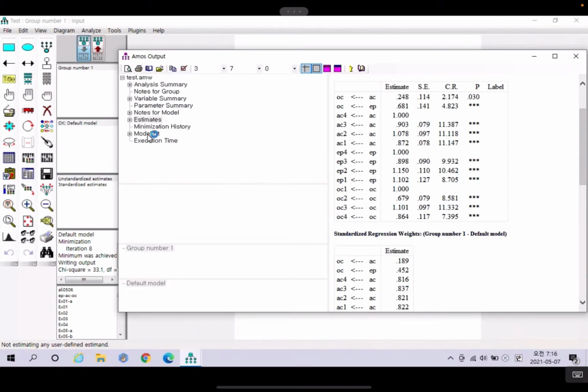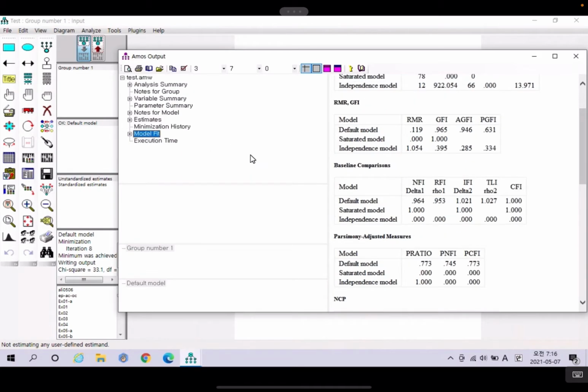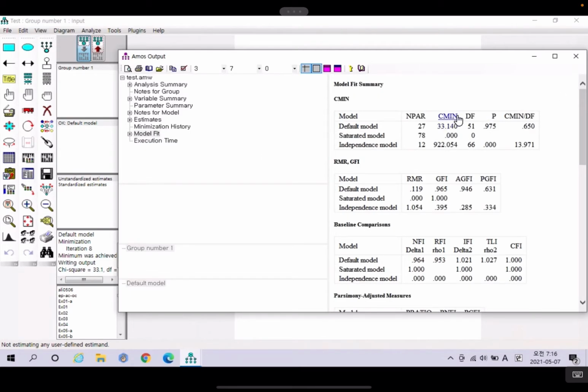And if you want to look at the model fit, right? You see here CMIN and GFI and RMR. So today we are going to talk about these things, right? Now let's try to understand these outputs, right?